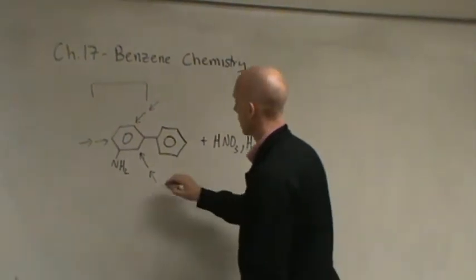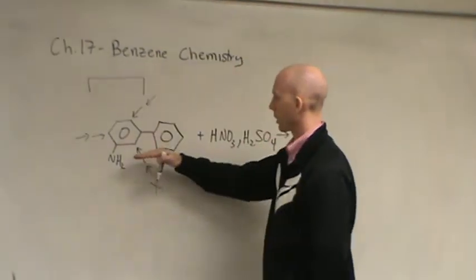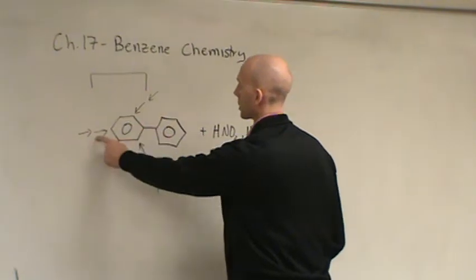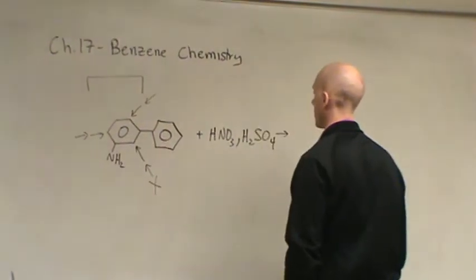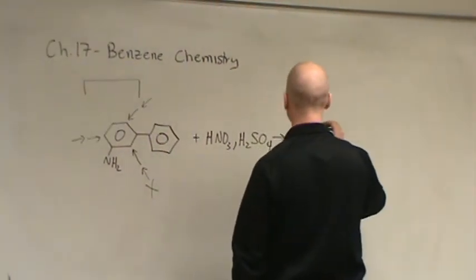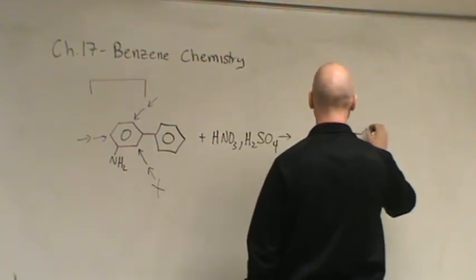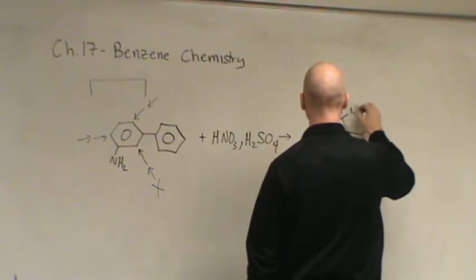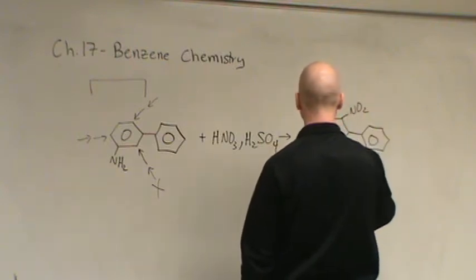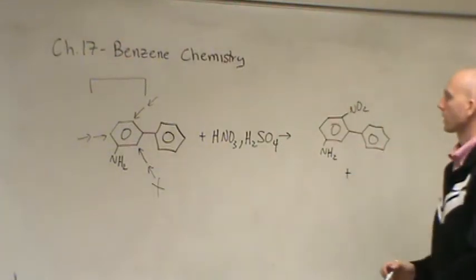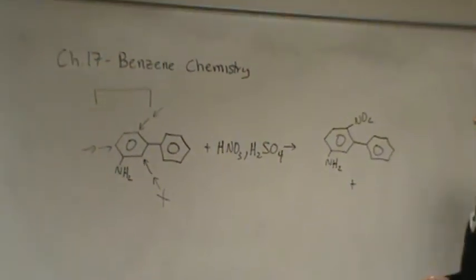So I'll stay away from here because of sterics, and so I'll have two products where the nitro is adding on in both spots. Okay, so we'll get the top product.